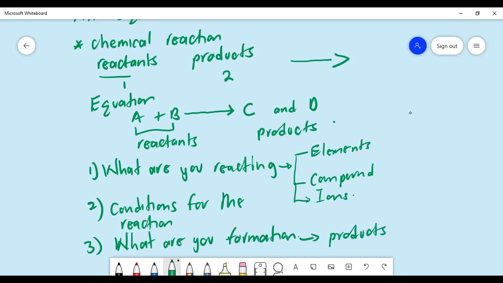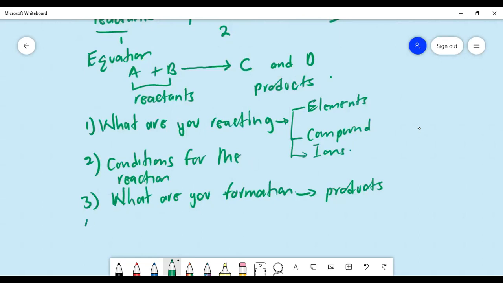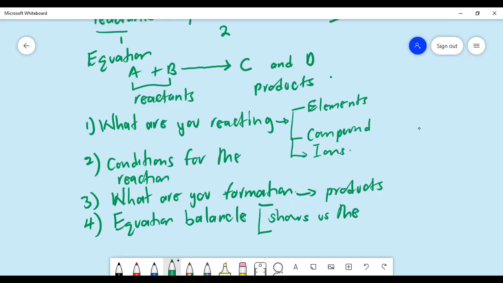After that, we look at balancing. Is your equation balanced? The importance of balancing the equation is that it shows us the correct ratios or proportions needed for that reaction to take place.